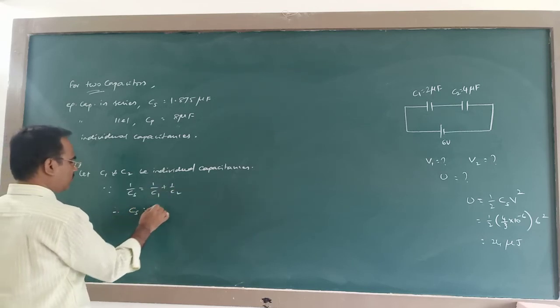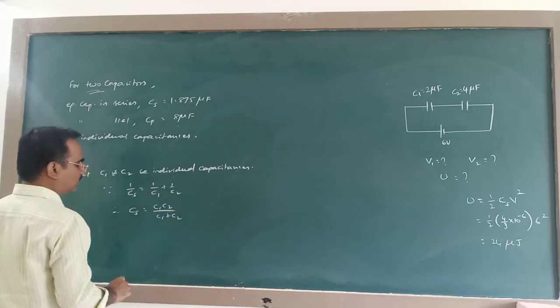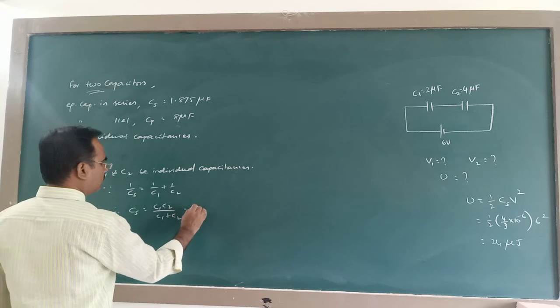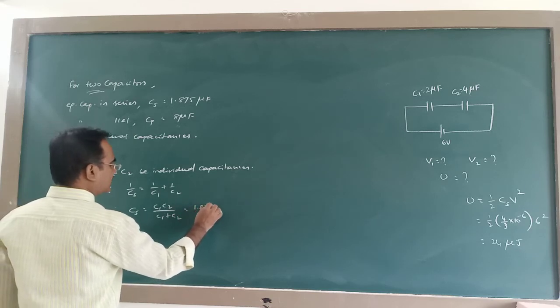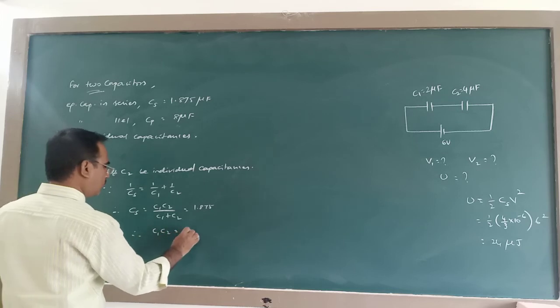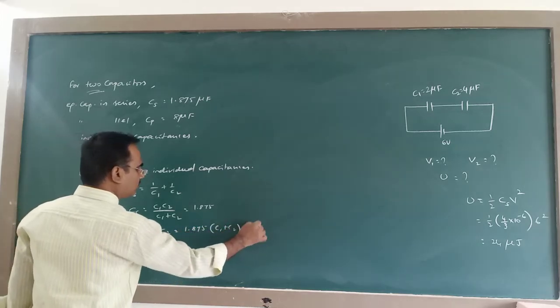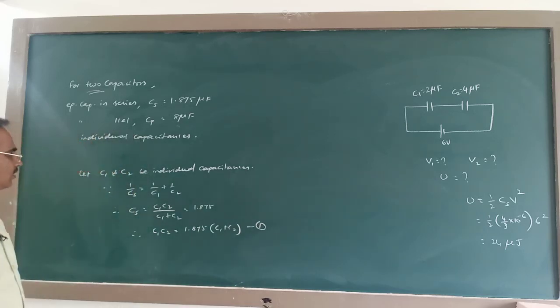Therefore, Cs is equal to C1 C2 divided by C1 plus C2, which is equal to 1.875. Therefore, C1 C2 is equal to 1.875 into C1 plus C2. So this is equation 1.